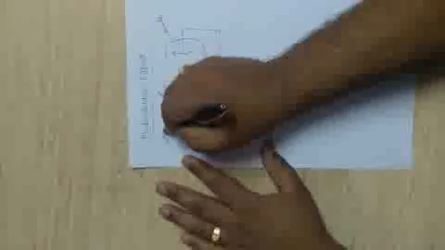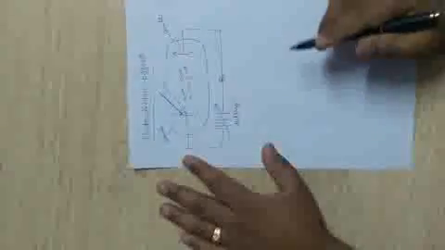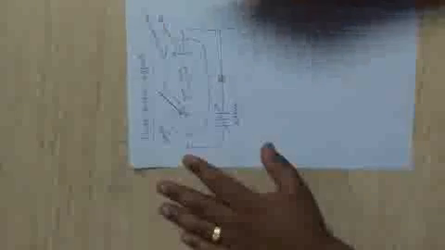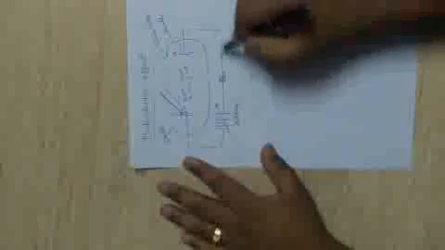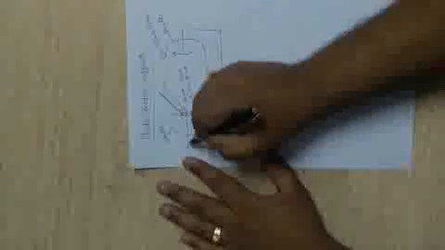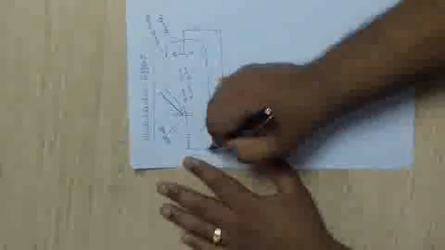This is anode and this is cathode. And this whole setup is enclosed in a glass tube. And a current is set up in the circuit, and this current is called photoelectric current.